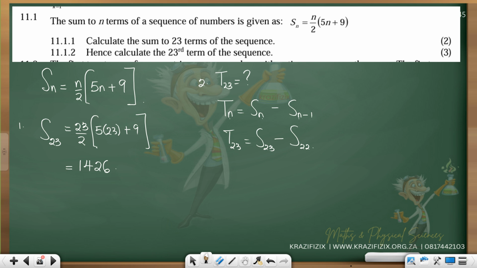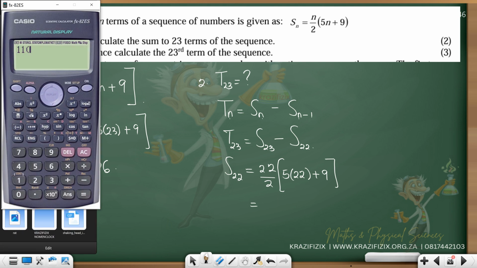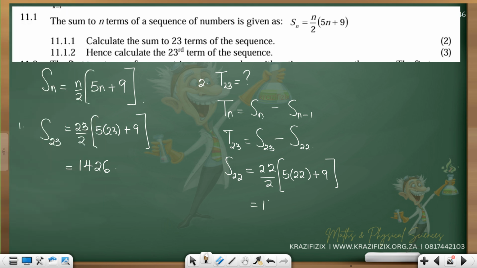And from the first question, I already have my S23. Let's find S22. What will it be? 22 over 2 times (5 times 22 plus 9). What will this give us? That's 11 times (5 times 22 plus 9). 1309.